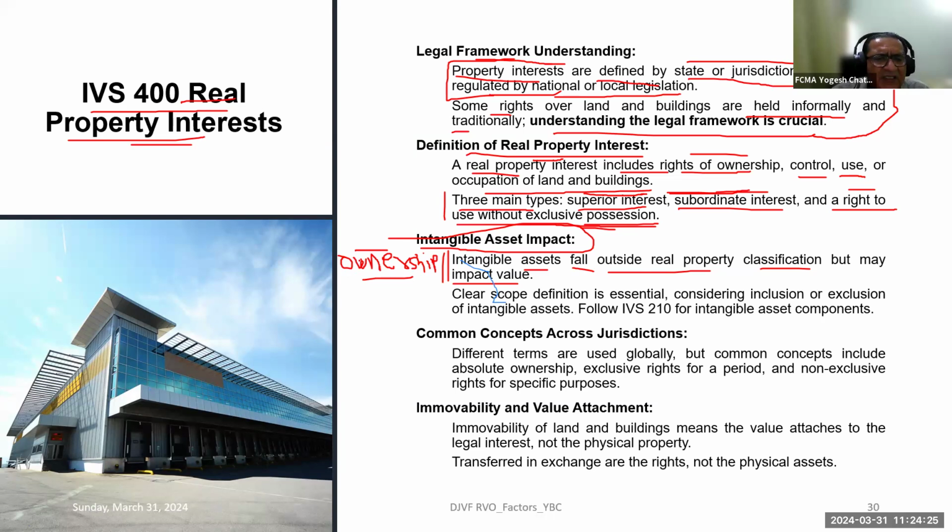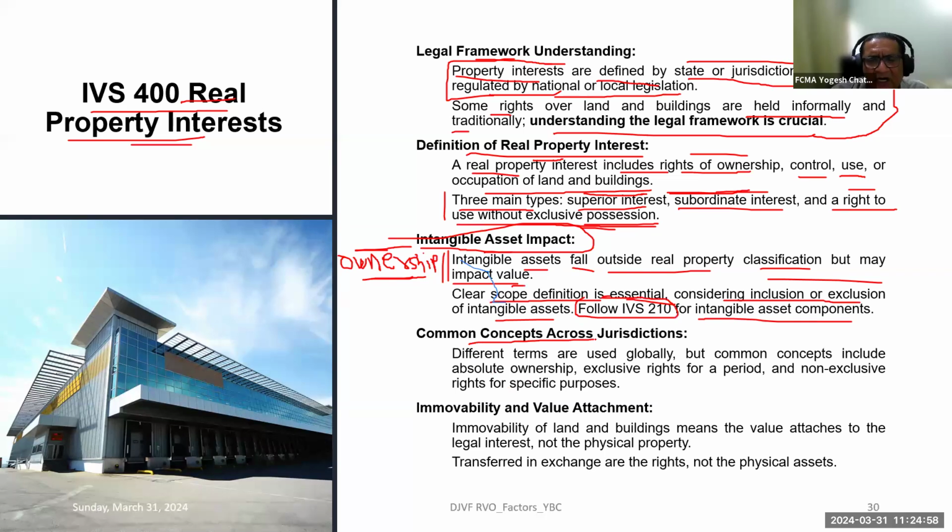Once the business is reduced, automatically the goodwill of that building will also come down. That is the impact of intangible value on the real property. And clear scope definition is essential, considering inclusion or exclusion of intangible assets. As we already discussed, IVS 210 is the relevant standard for intangible assets.